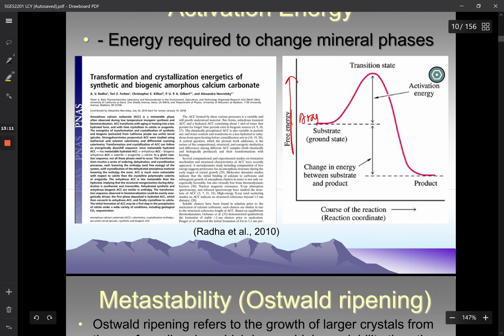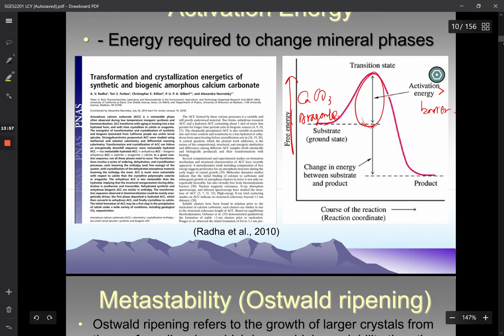If this is aragonite, which as we know is a metastable type of calcium carbonate, and you want to change aragonite, some extra activation energy, this additional energy, needs to be applied to aragonite so that these minerals will transform. You need to overcome the energy barrier. This is the energy barrier, so the activation energy needs to overcome the barrier.